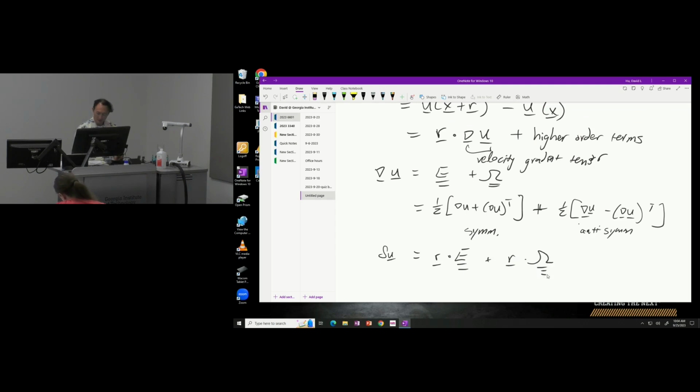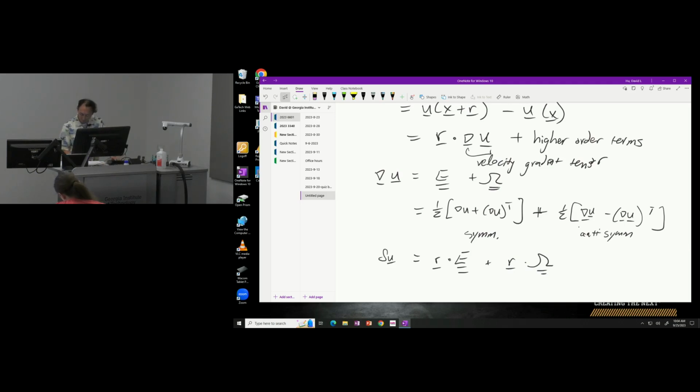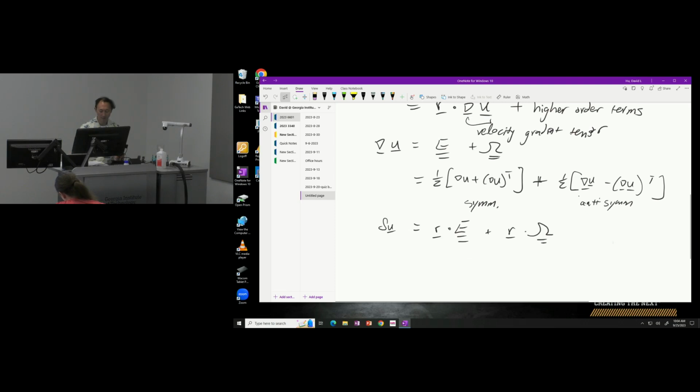We're just substituting those 2 parts for the gradient of velocity. So let's do a few problems to figure out what's the physical significance of E and omega.